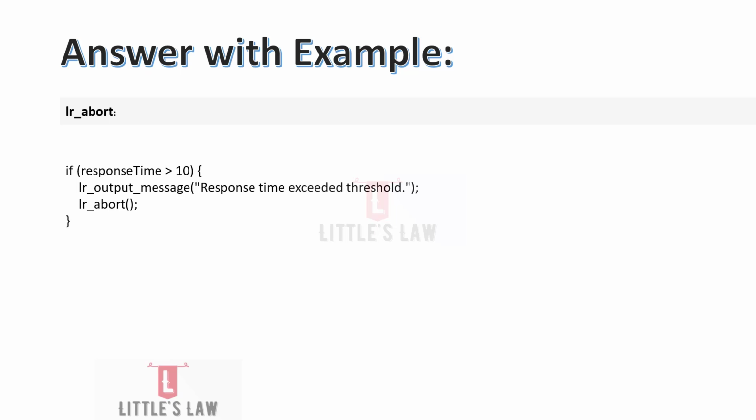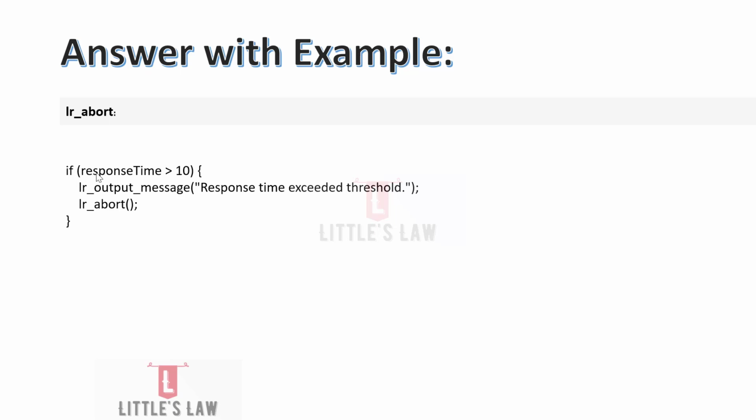For instance, encountering a major system crash or a severe error that could compromise the infrastructure warrants the use of LR abort to swiftly bring all virtual users to a halt, which minimizes any other potential damage. And here, this is one of the examples I've used.